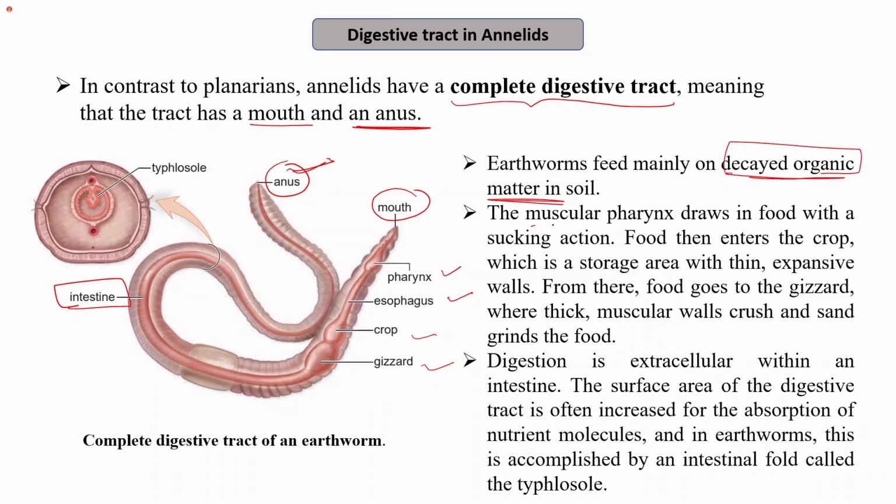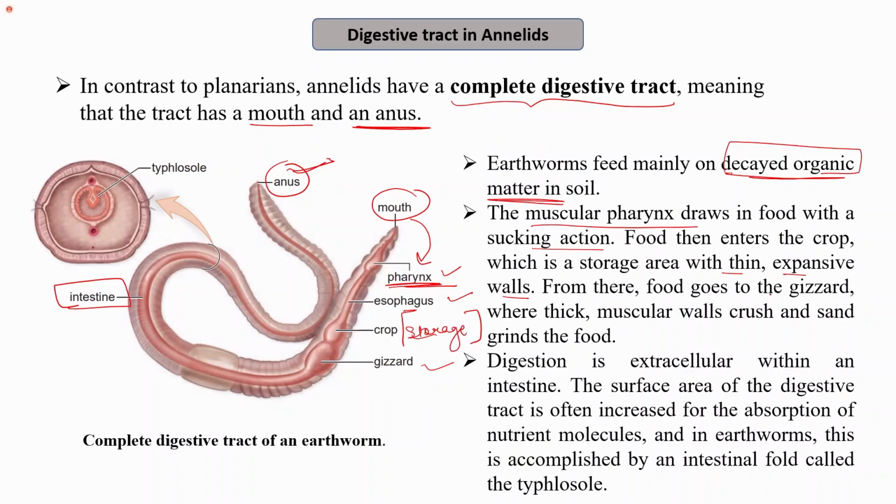The muscular pharynx draws in food with a sucking action. So food from the mouth passes to the pharynx, and this muscular pharynx, through the sucking action, draws in the food. Food then enters the crop, which is a storage area with thin, expansive walls. So this crop is the storage area where the food is stored until it is required.